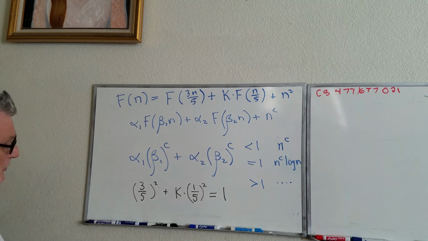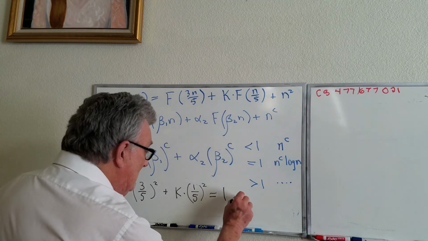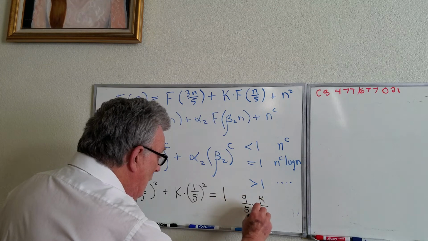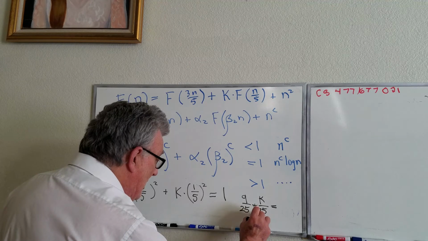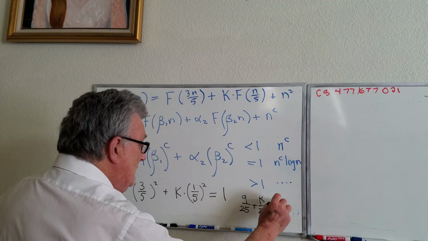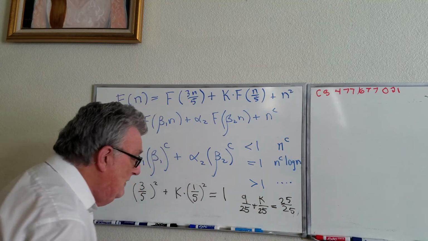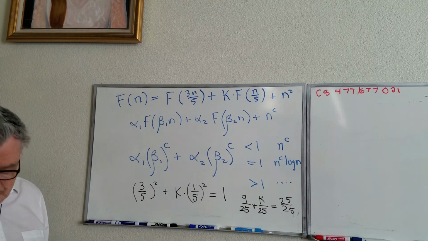Now, with ordinary arithmetic, you can figure that this is 9/25 plus k/25 equals 25/25, which is 1. And so the answer is clearly k equals 16.